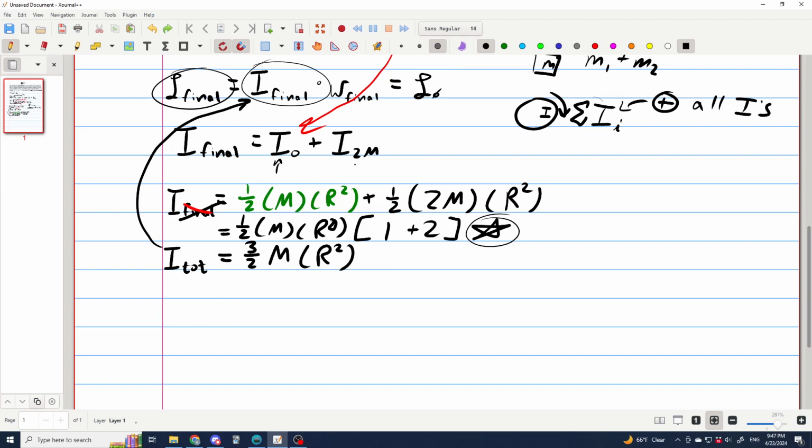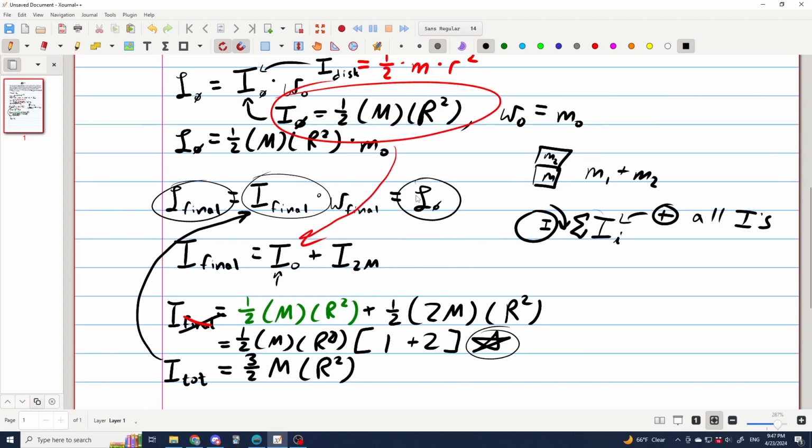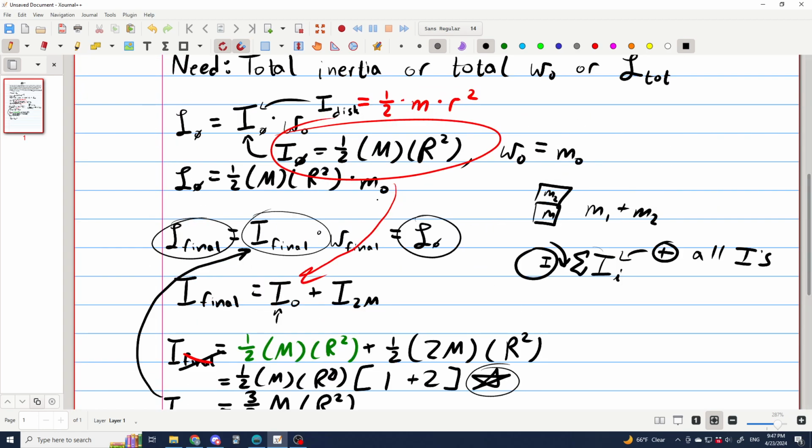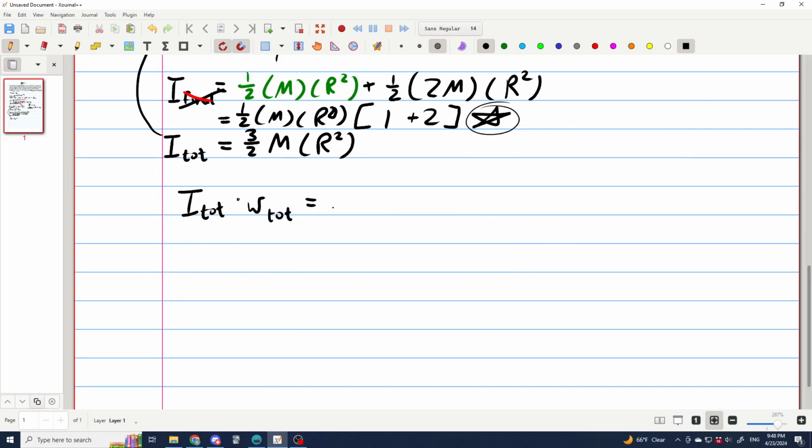So what we've got to do is, we have our I total times our total angular momentum, and that's going to be equal to, well, what did we say this was? We said that this was this whole section right here, right? So it was 1/2 times the mass of the first disk times its radius squared times our initial angular speed.